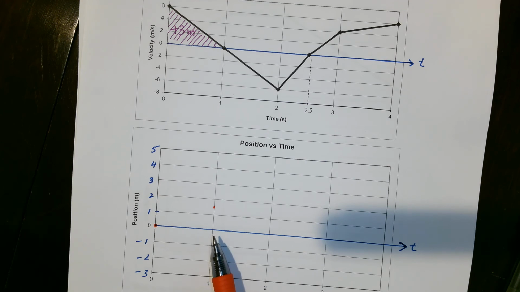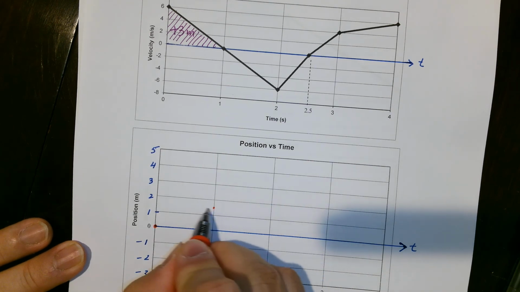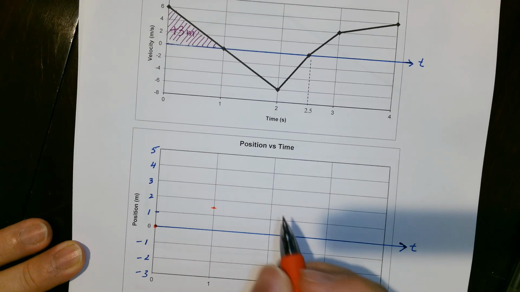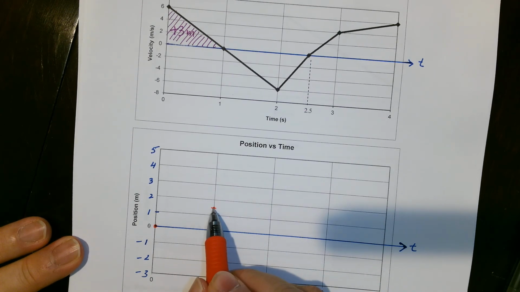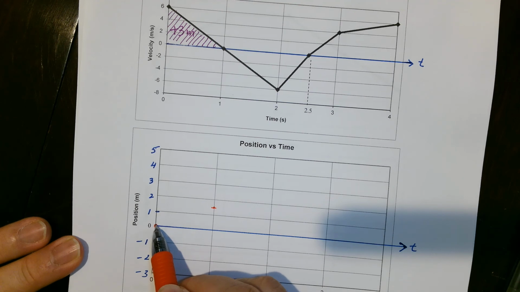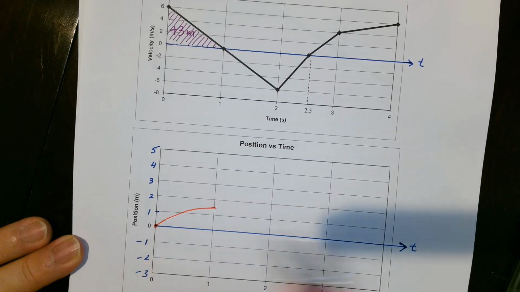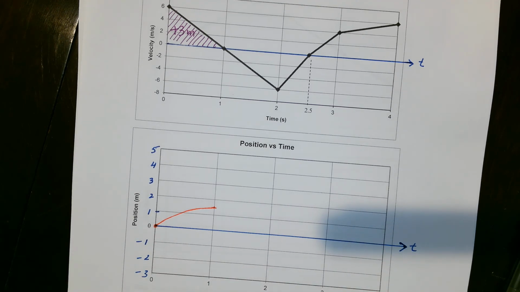And slope value of 0 should look like what? What kind of line? Straight up and down. The other way. Horizontal, correct, horizontal. So at 1 second, it should flatten out. So it sort of decelerates to 0, so it should be one of these curves.